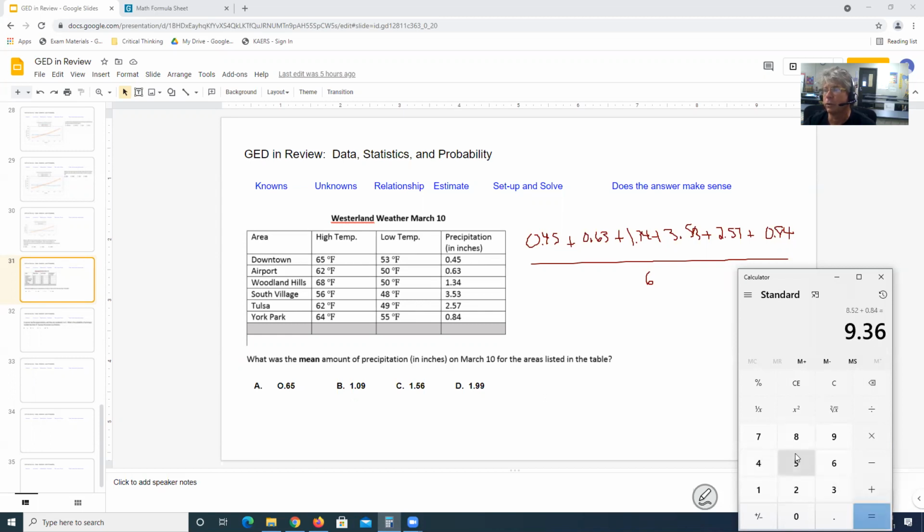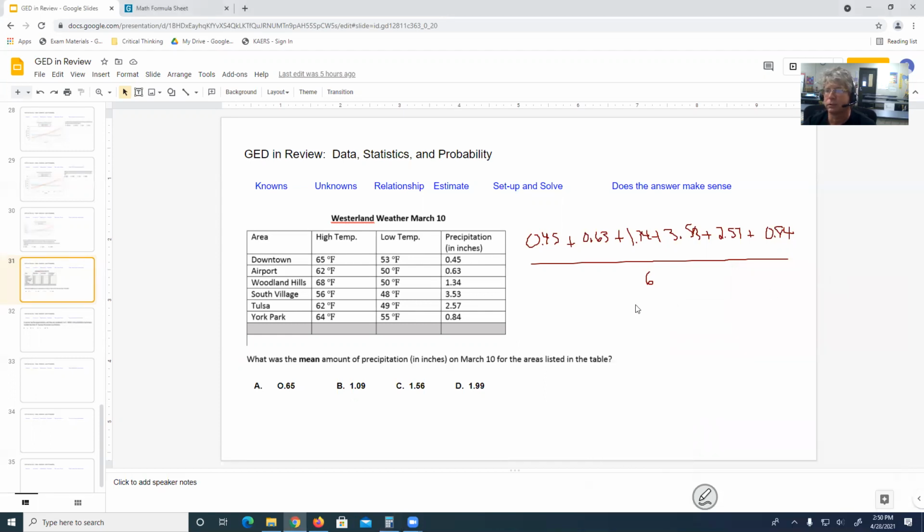So that gives me 9.36, and then I have to divide that by 6. So it gives me 1.56. So that answer takes me to C, 1.56.